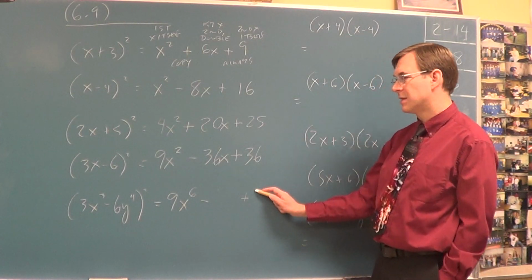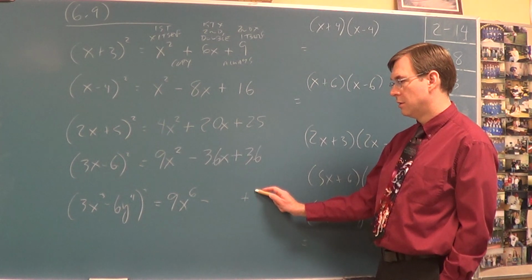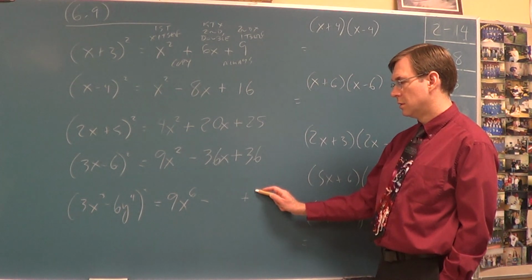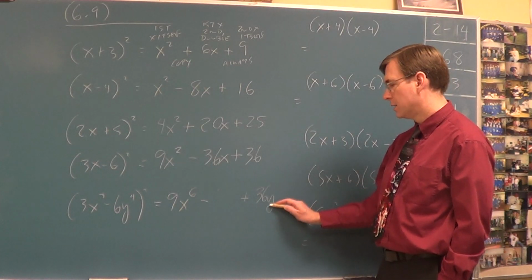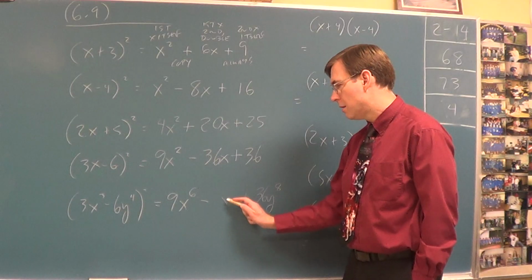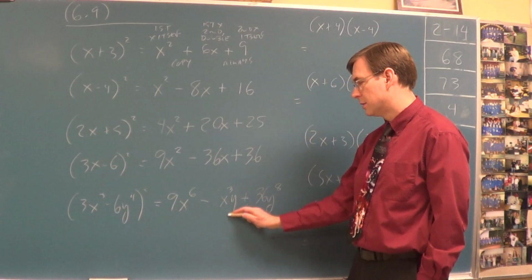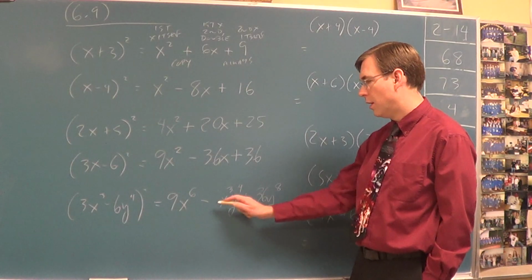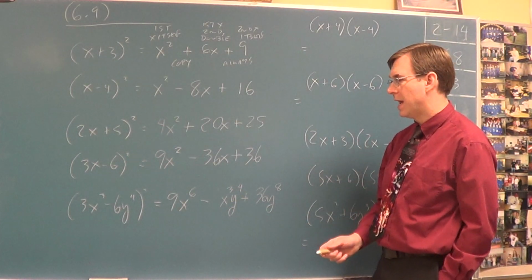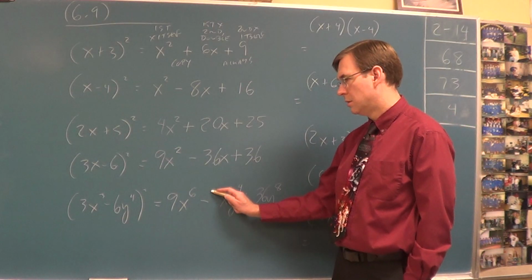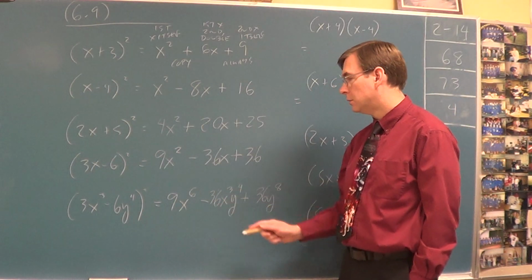Do the y next, I think that's easier. 6 becomes 36. Here it's the same x cubed, and so it's the same y to the fourth. It's just a question of how to manage that number set. 36, it's 36 again.